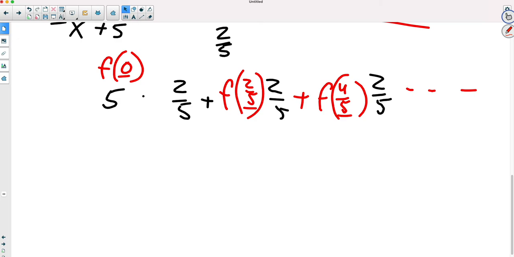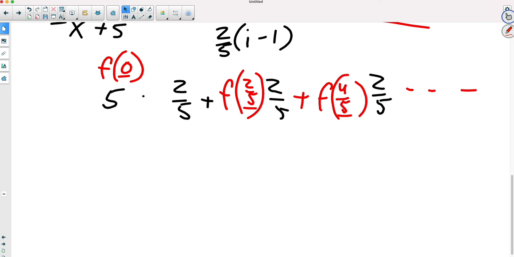I want my first term to be 0. So here's how we do that. That's our formula for the left side. It's the width times i minus 1. That will always give you the left side of each rectangle.